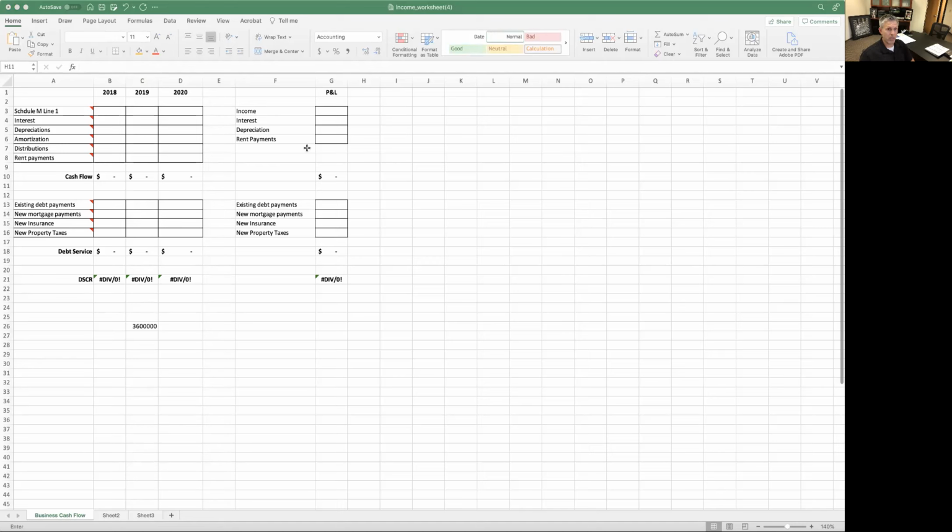So you take $2 million and the terms are 4 1/4, and it's a 25-year amortization. So what that means is the payment is approximately $130,017 a year for the first.